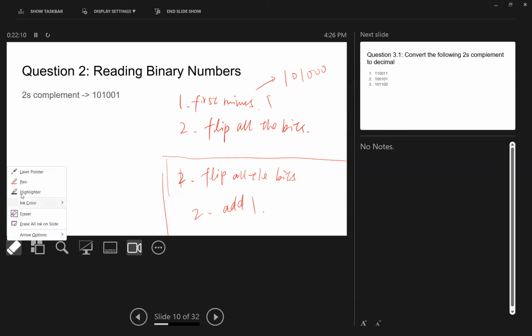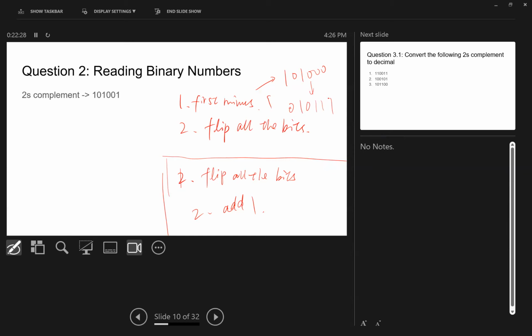And then we flip the bits. The result should be 1 1 0 1 1 1, right? That's the result we get by using the first 2 steps.